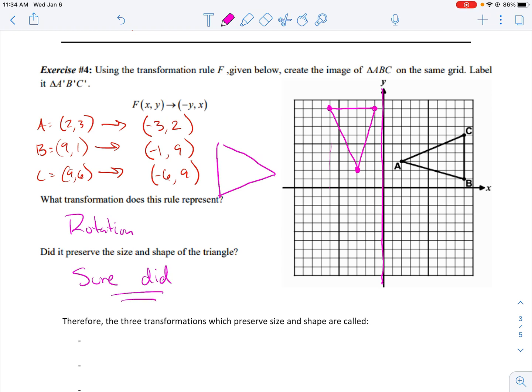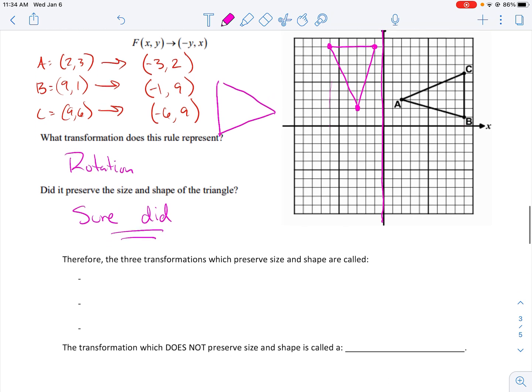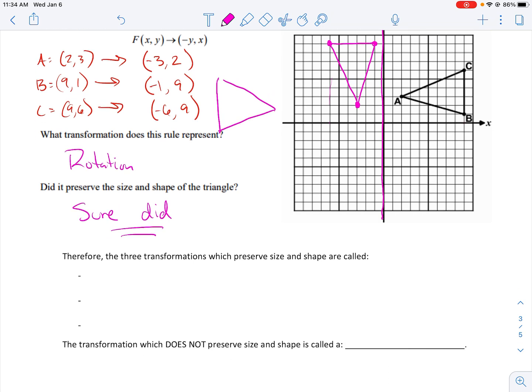As you can see, if we wanted to prove that, we would have to use the distance formula, but just take my word on it that we did preserve the size and shape. So therefore the three transformations which preserve size and shape are called rotations, reflections, and then finally translations, where we just shift it. It doesn't get rotated.